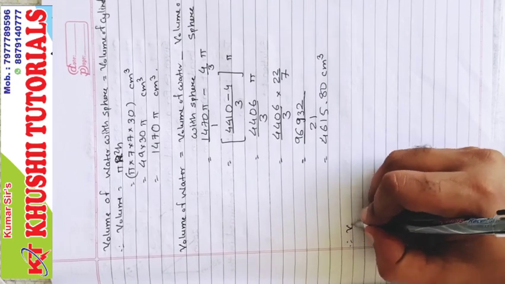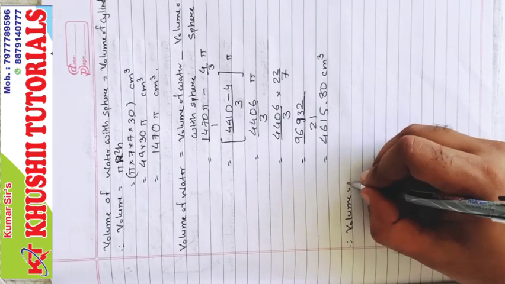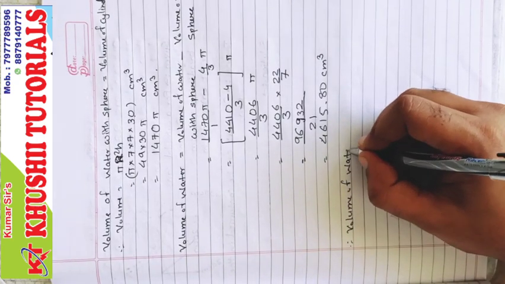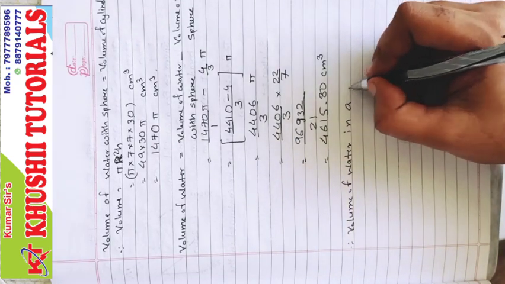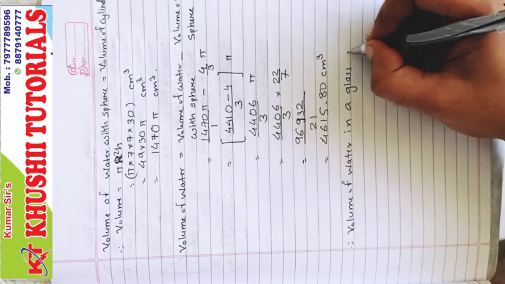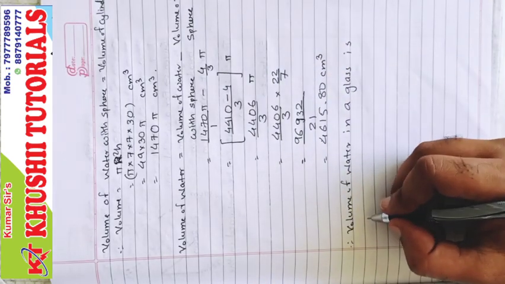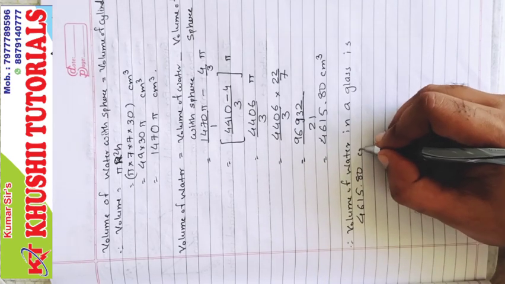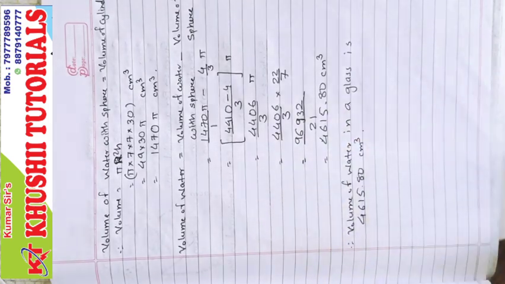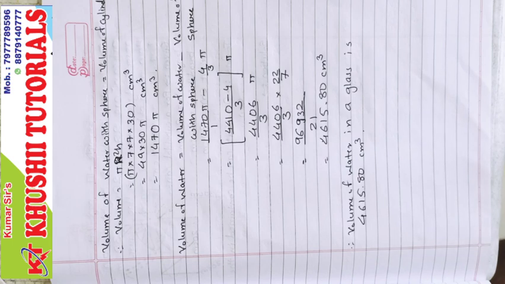Therefore the volume of water in the glass is 4615.80 centimeter cube. And this is the end of sum number 12.